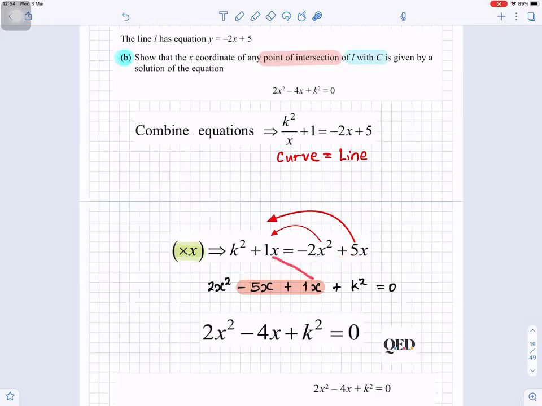And we have the plus 1x, we have the plus k squared equals 0. We collect like terms. Minus 5x plus 1x is minus 4x. So you end up with 2x squared minus 4x plus k squared equals 0. QED, as required to show.